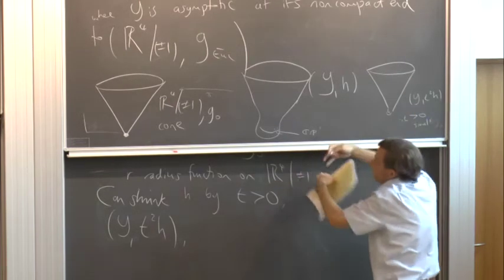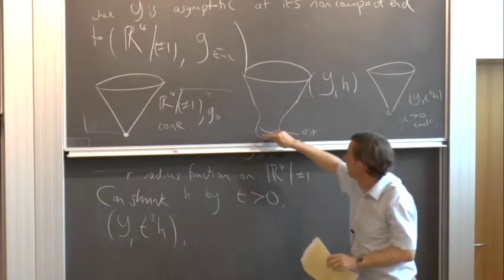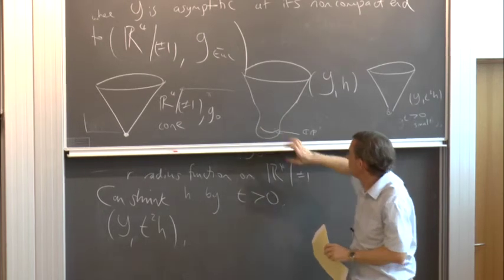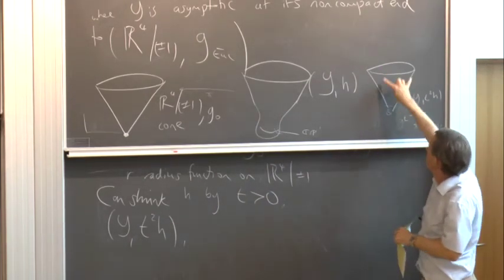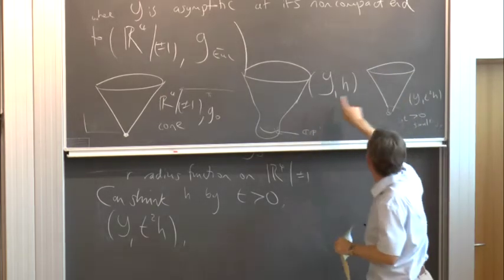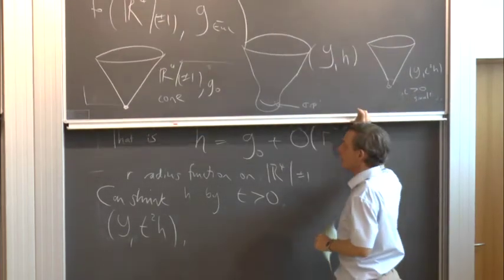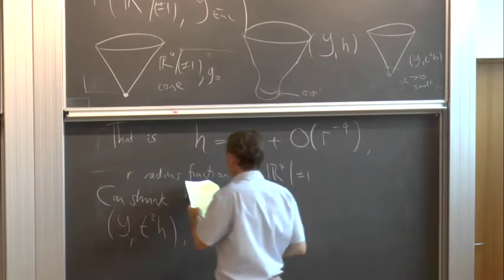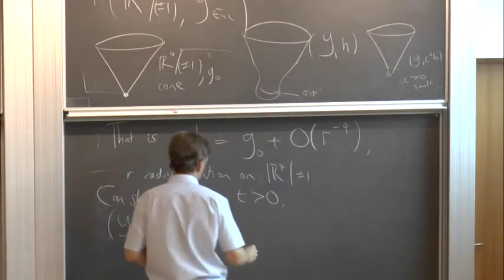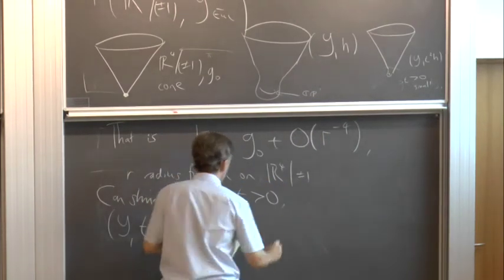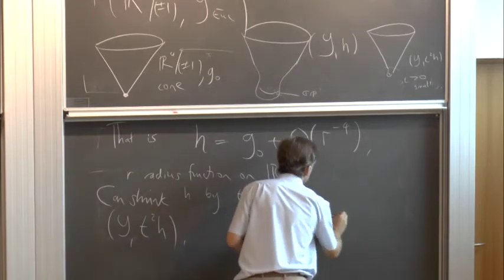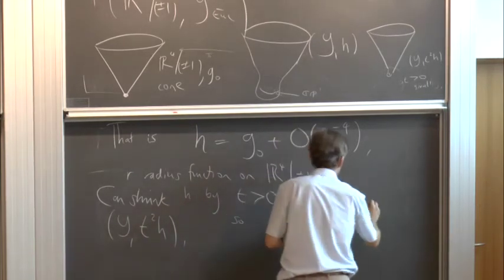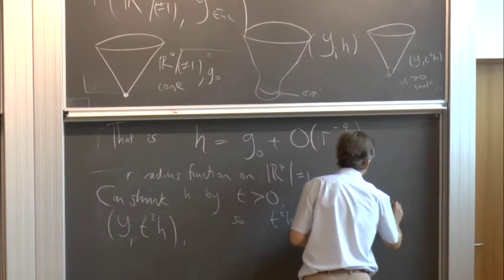So if you shrink this thing down, then this bit here near the origin with the CP1 gets very small, and away from that the approximation of this with the cone gets much better. So you get that t squared h is g0 plus order of t to the fourth r to the minus fourth.